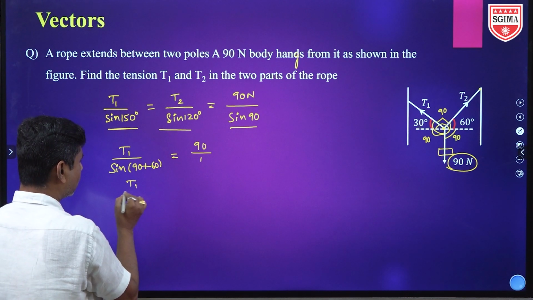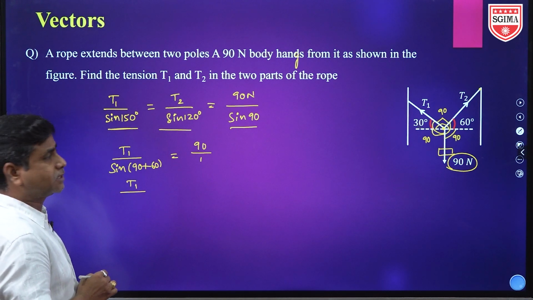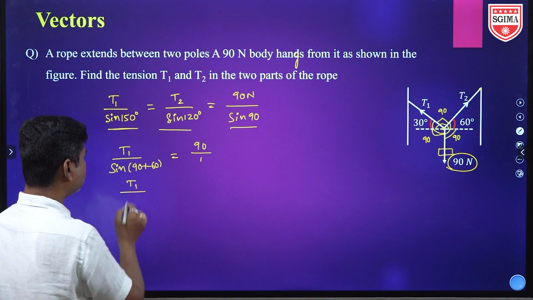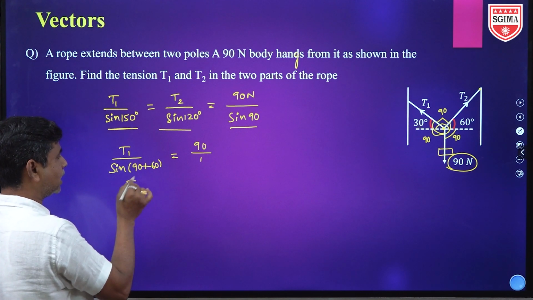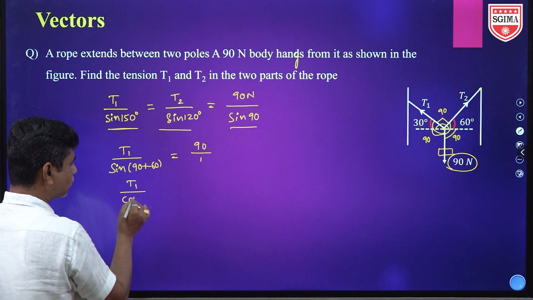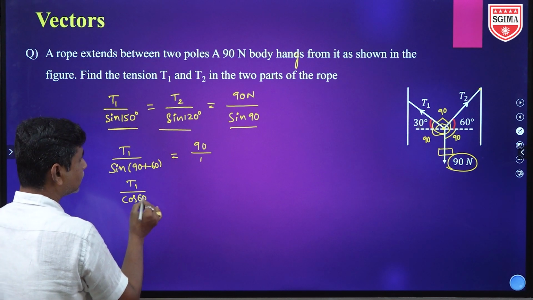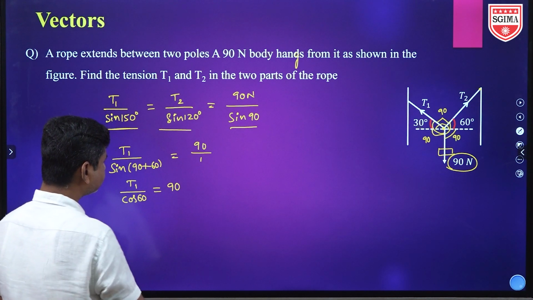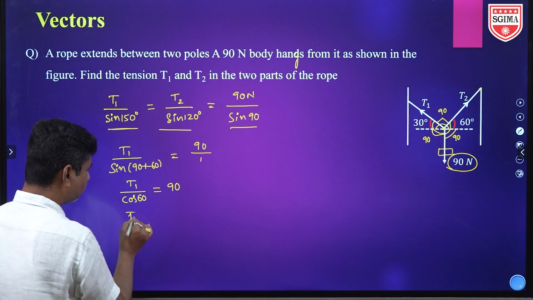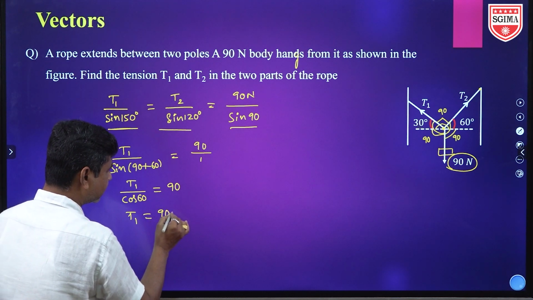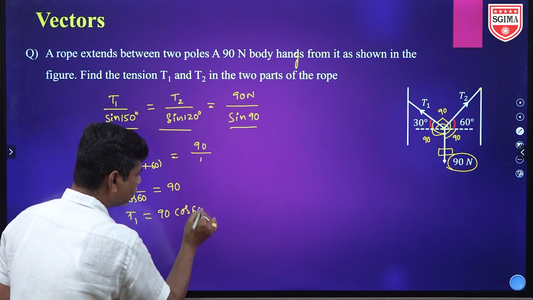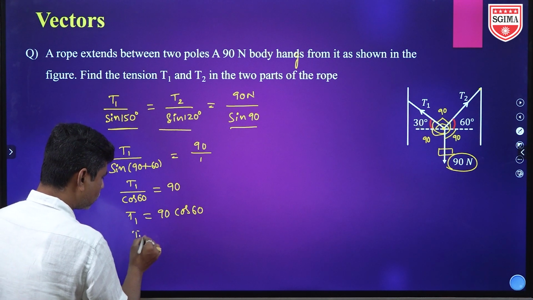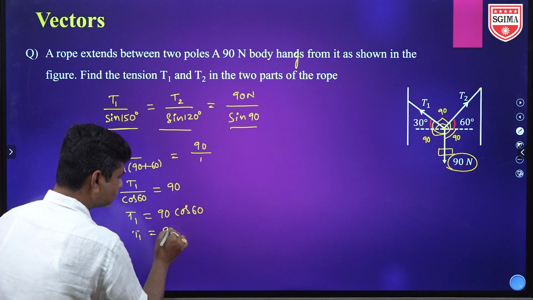Here T1 upon sin of 90 plus 60 becomes cos 60, because in the second quadrant the sine function is positive, but with 90 present the sine function becomes cos 60. That equals 90 by 1, which is 90. Now T1 equals 90 cos 60. Do you know the value of cos 60? Cos 60 equals 1 by 2.